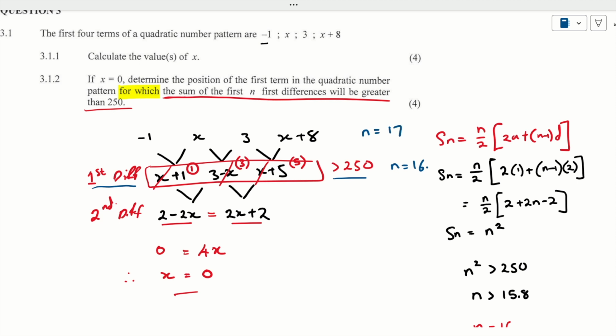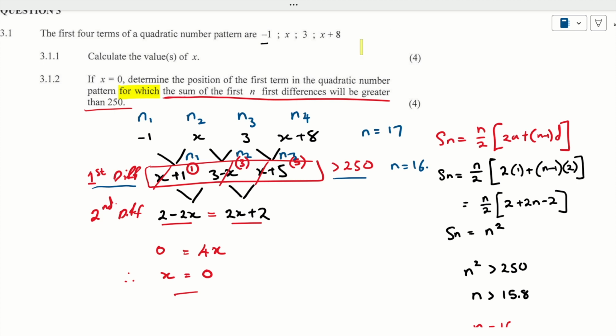Watch carefully. This is n1, n2, n3, and n4. Now for the arithmetic sequence, or rather the first difference, we would have n1, n2, n3. You should notice that the first difference terms are one less than the quadratic series terms.